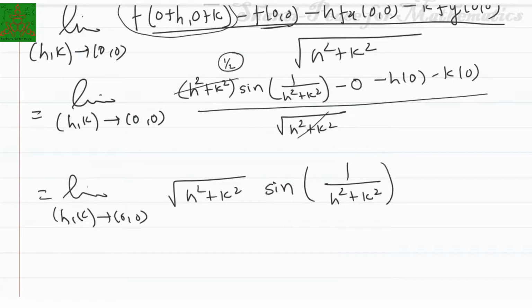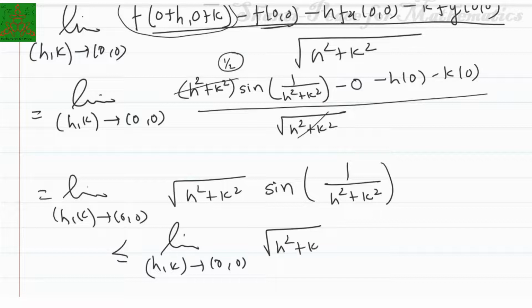Again by the same argument I used above, this will be less than or equal to the limit of the square root of h square plus k square, if I take the modulus, and this is already 0. So our objective is completed, which means we can say that f is differentiable at the point (0, 0).